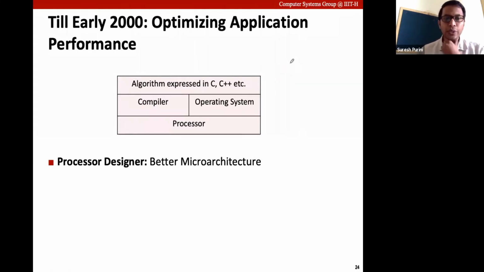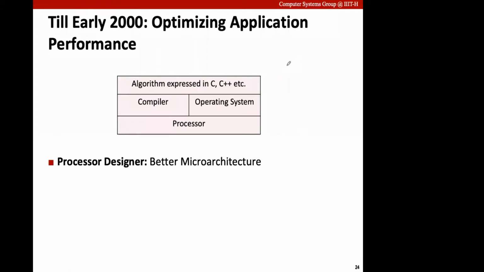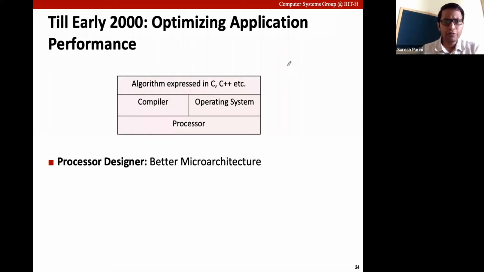Till early 2000, like 2005 or so, the way processor manufacturers were giving better performance to the end application users is by coming up with better and better microarchitectures.